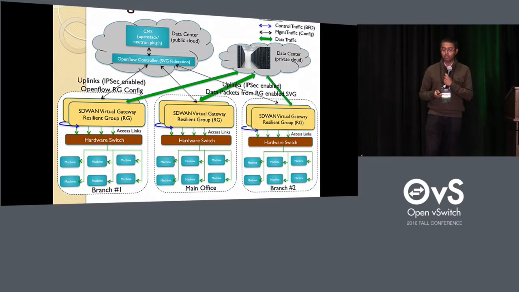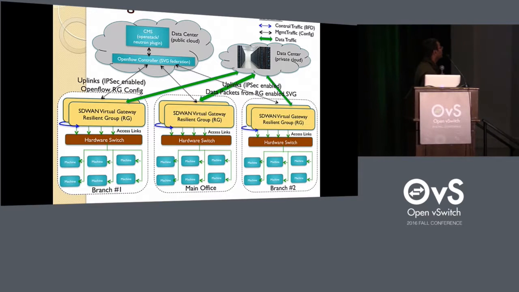So with the OpenStack Neutron plugin, you will give the configuration to the OpenFlow controller, and from the OpenFlow controller, the configuration will come into the SD-WAN SVGs themselves, and then they start exchanging BFDs between themselves. So whenever there is data that has to be sent, either one of them, not both, will send the data out to the data center.